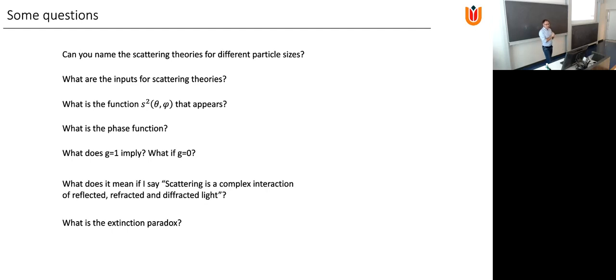So what are in general the inputs for these scattering theories? Let's say you want to calculate some scattering properties. What do you need to know? It's a couple of parameters, not even that many. Wave vectors. Yeah. Angle of incidence.